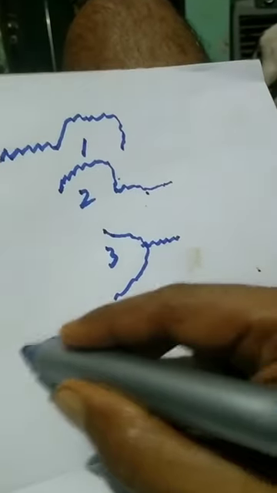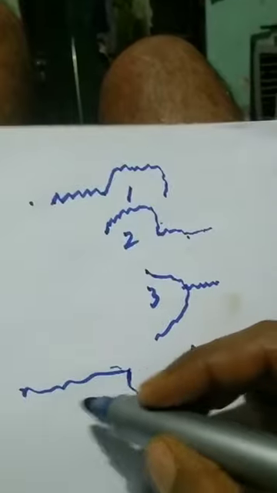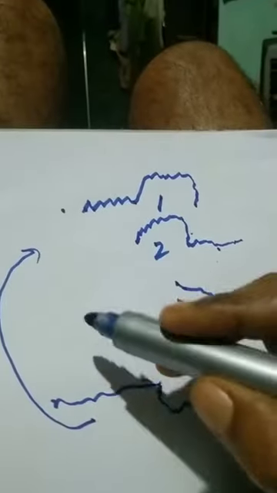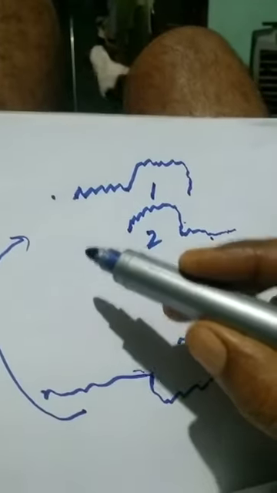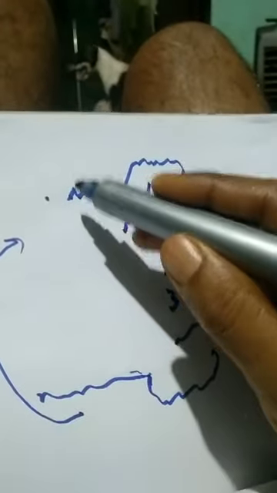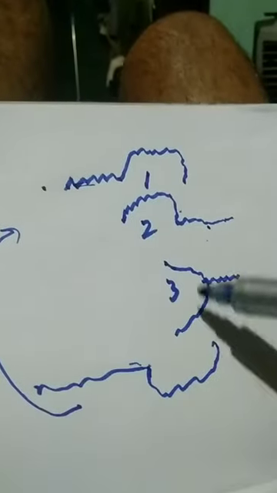Now this is the fourth diagram, and the flow of light is in this circular way. Light energy in the form of horizontal parts.